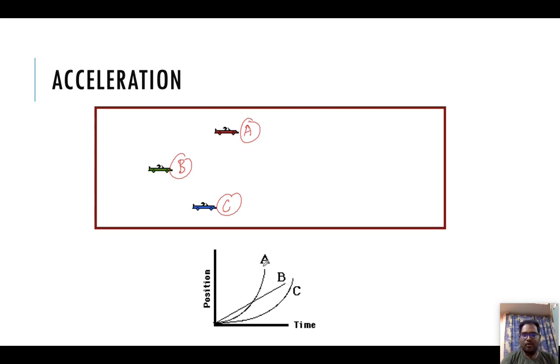Whereas the red one, which is A, starts with a higher velocity, but soon it reaches a saturation point, which means the change in position is not on the higher side.